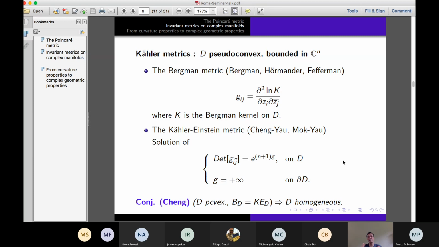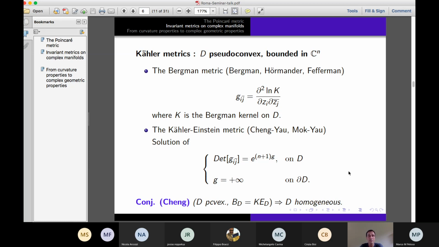Just consider them as being deformations of the unit ball. And later, the existence and uniqueness with prescribed Ricci curvature was proved by Mok and Yau. So that's why, if you want to consider the Kähler-Einstein metric, you deal with bounded pseudo-convex domains in Cn.